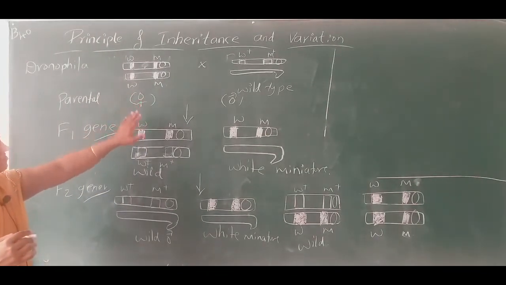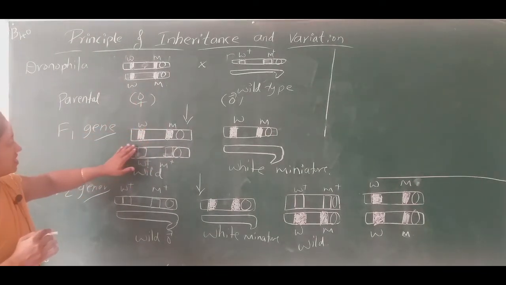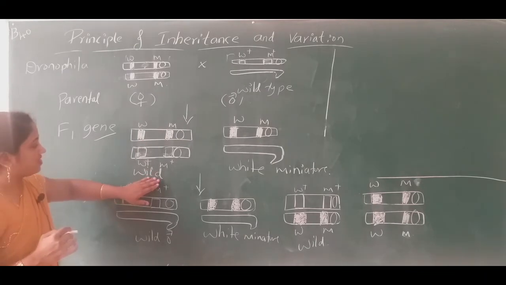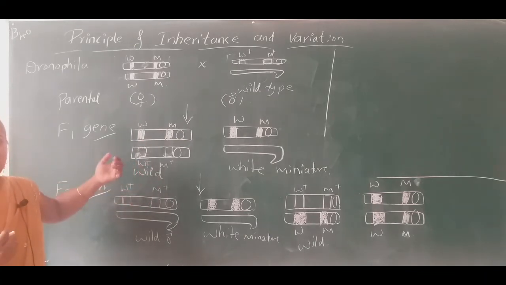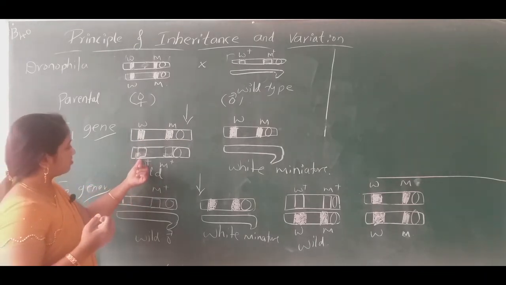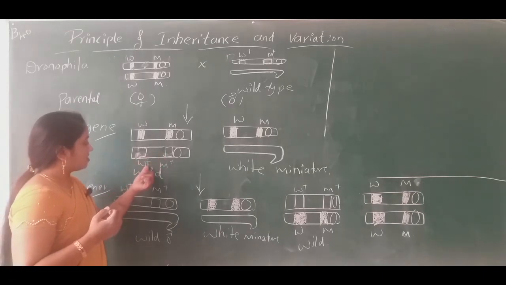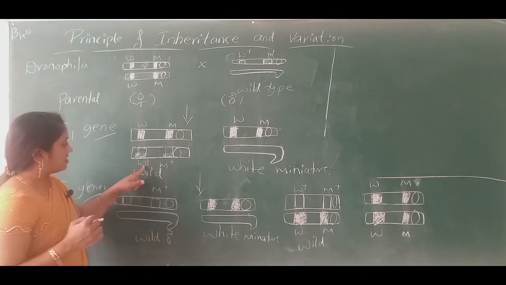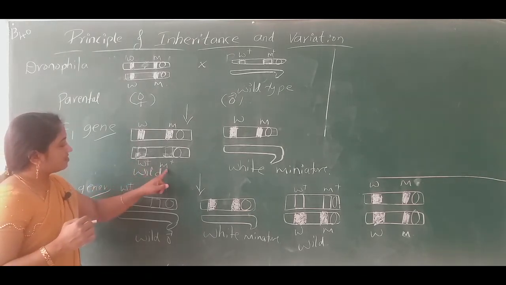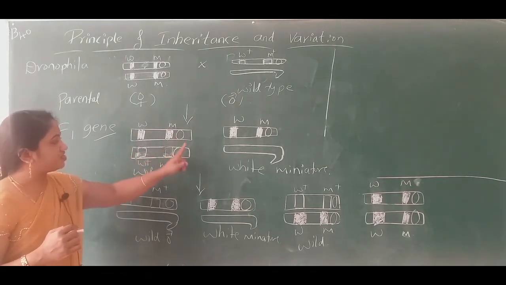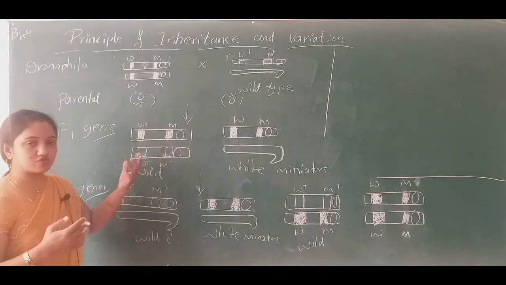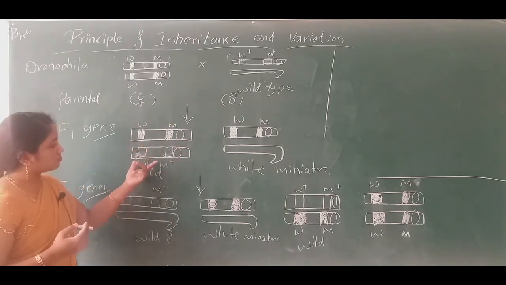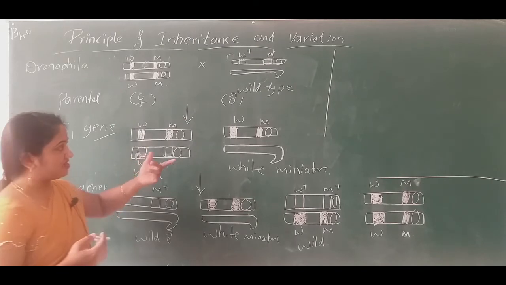When we intercrossed these two, in the F1 generation the female became wild type because she took the W plus gene. It means she took the red-eyed and normal wing genes. Because of that, this Drosophila became wild type.